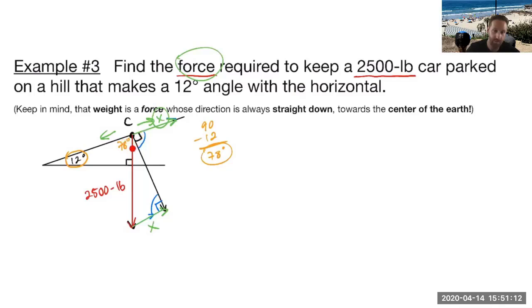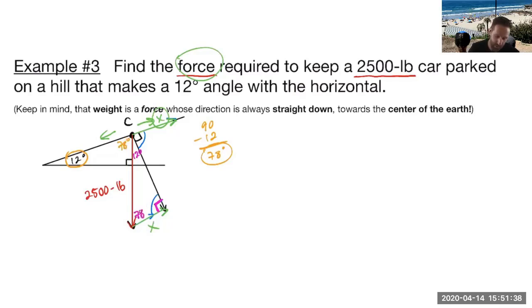So don't we already know what that has to be? That's right. This has to be a 12-degree angle. That's the only way that this would give us 180 degrees. And if that's 12 degrees and this is 90 degrees, then don't we know what this angle is down here? That's right. It would have to be the 78 that we just found.